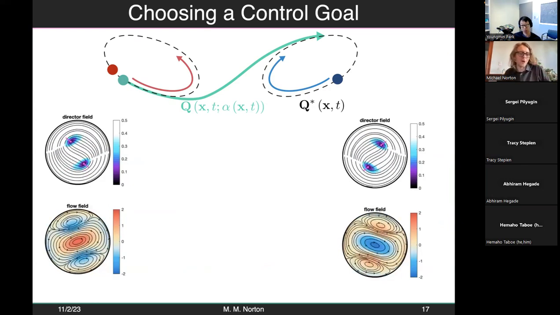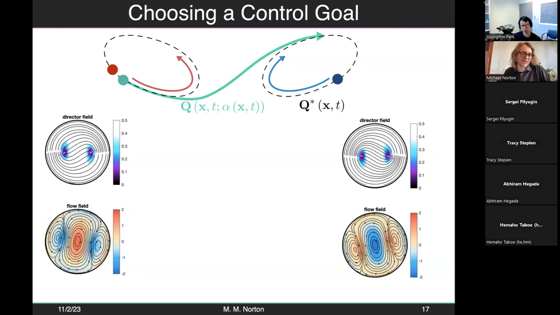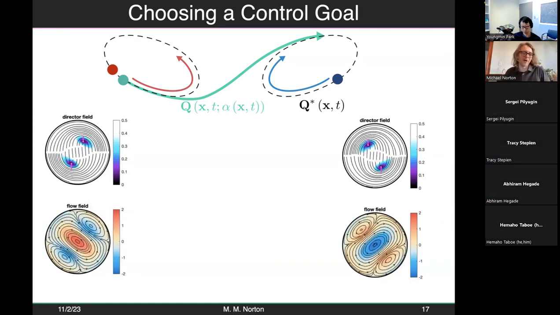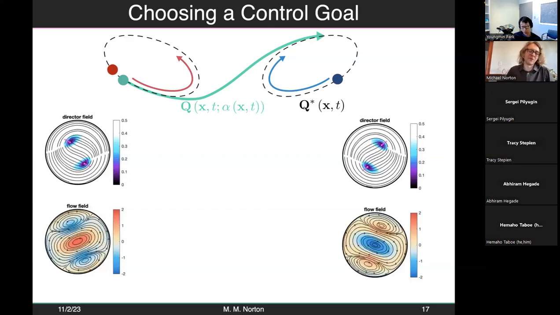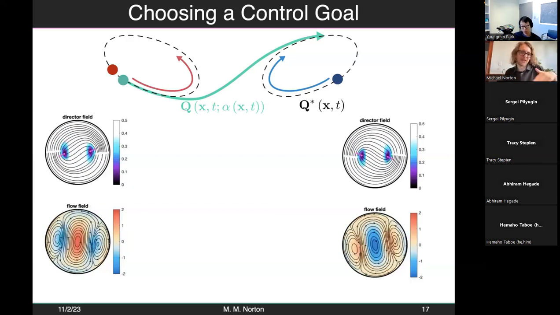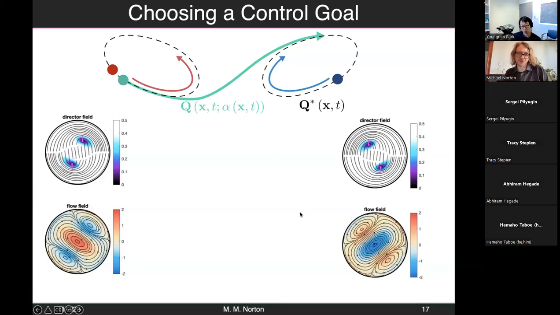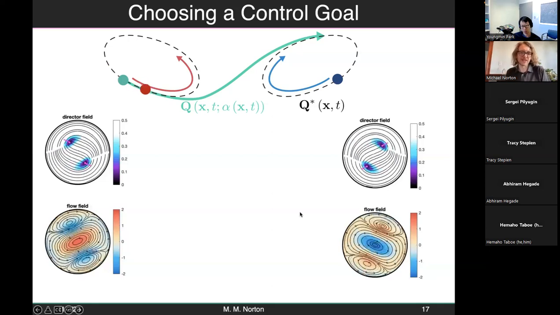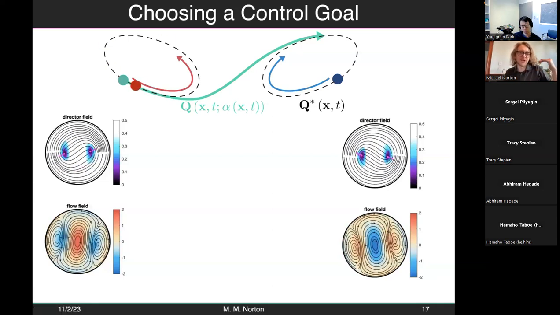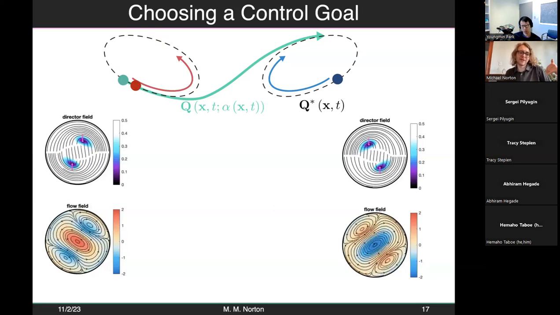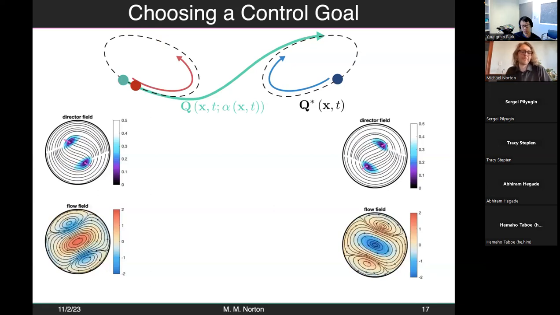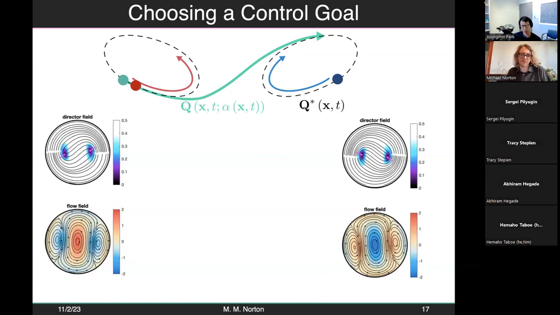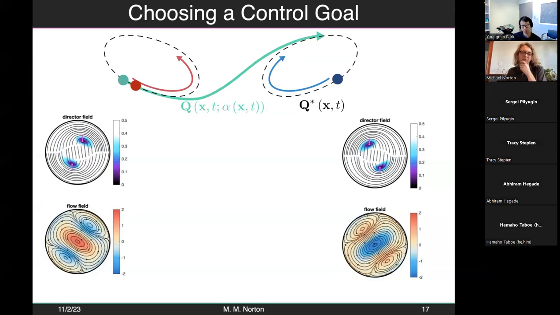I know that if I have a clockwise solution, then I must also have a counterclockwise solution, right? And this is me plotting both of those solutions. My goal is to try to find an input for the system, a light field input that varies in space and time, that gets me from one to the other.